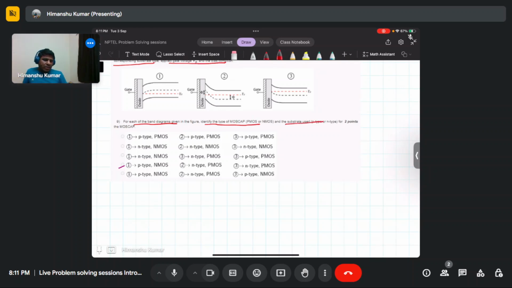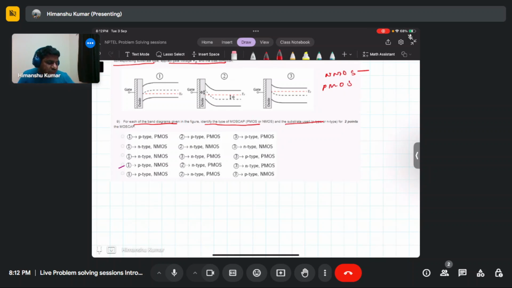To find which type of MOSFET, if the substrate is p-type, then it is NMOS. NMOS or PMOS is defined by which kind of carrier forms the channel.